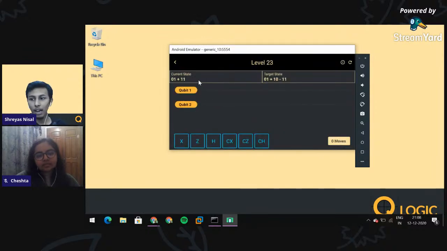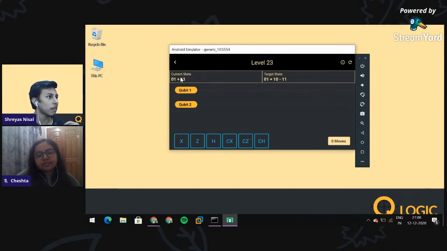So here I have 0 1 plus 1 1, and I need to take it to 0 1 plus 1 0 minus 1 1. Because this is level 23, it has stepped up the difficulty a bit. So this time what I can think of is, first off, I'm going to get a 1 0 here.